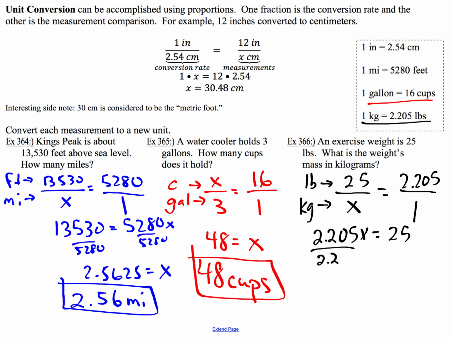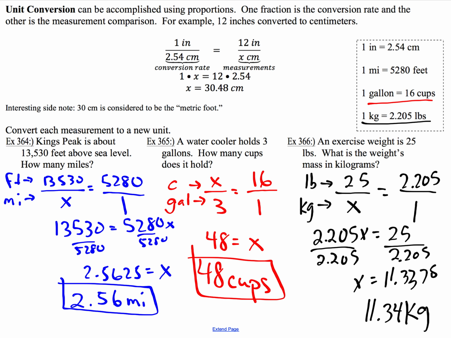We'll go ahead and divide by 2.205. And x equals, well, 25 divided by 2.205 is 11.3378, etc. I'm going to round that to 11.34. And this is going to be kilograms, right? Yeah, kilograms. So 25 pounds is 11.3 kilograms.